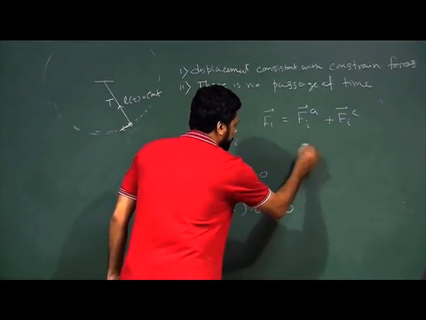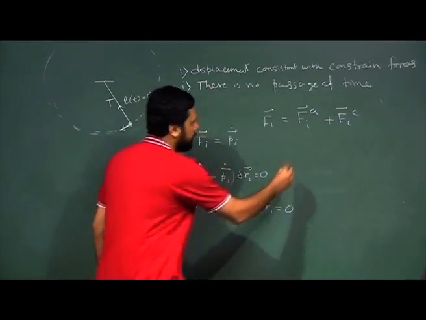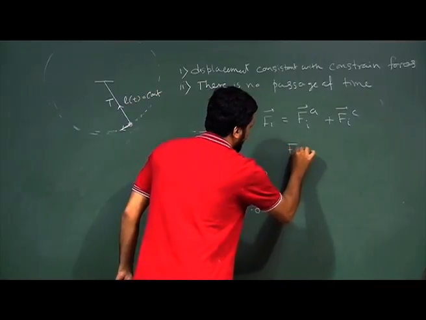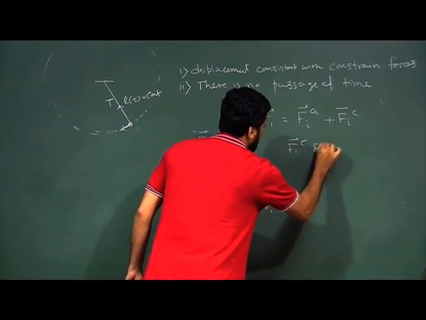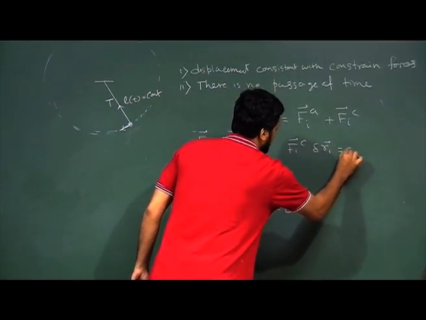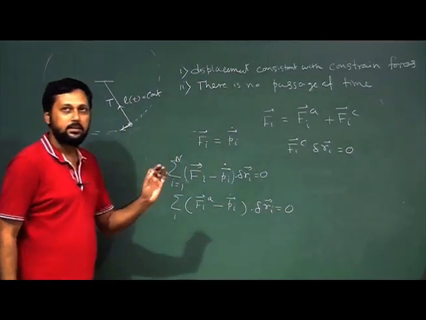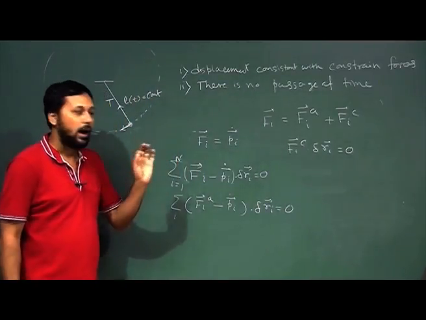Because we have shown already that in case of virtual displacement, F_i^c dot delta r_i will be equal to 0 for each individual i.